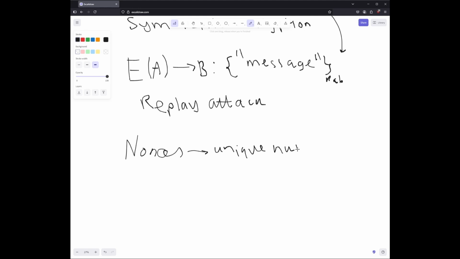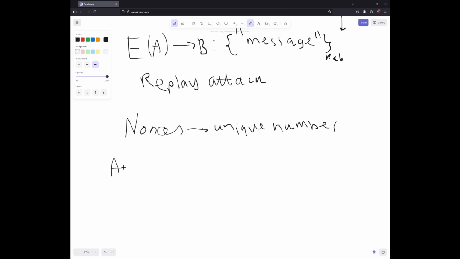If we put this next to our message, we're able to introduce some sort of challenge response protocol, in order to firstly check that our message isn't being replayed. And we can show this by having a look at this one.